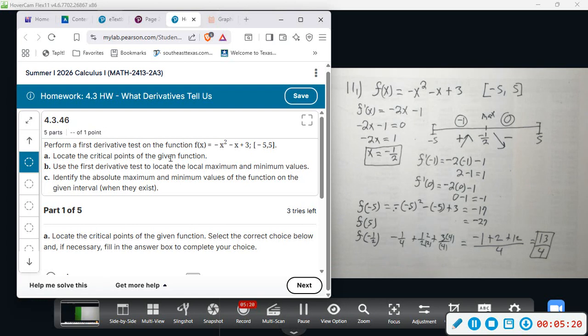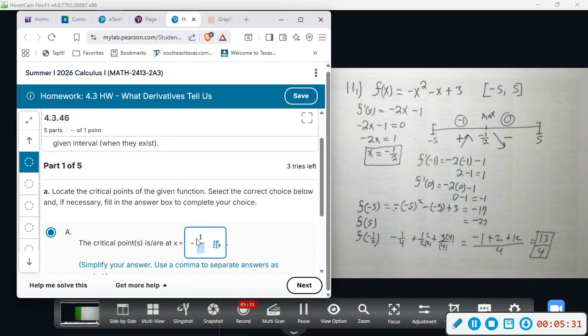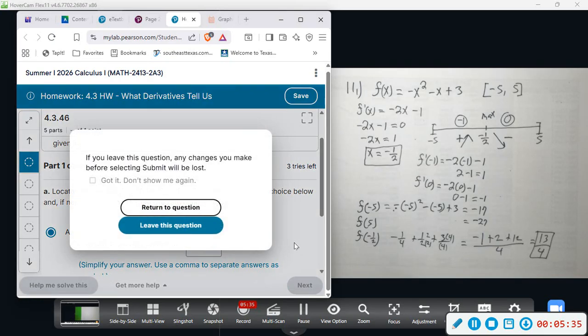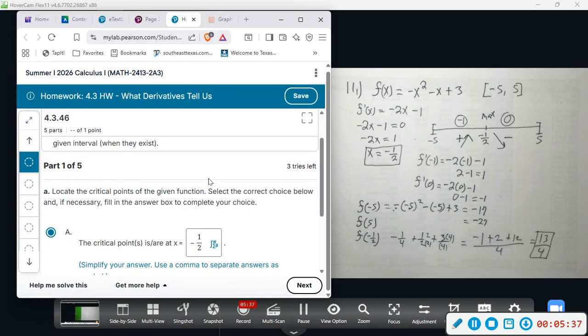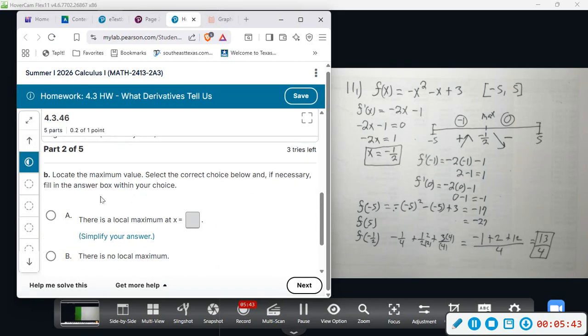All right, so we got everything done. Critical points: x equals negative 1/2. Well, I've got to check it. All right, second part, locate the maximum value.